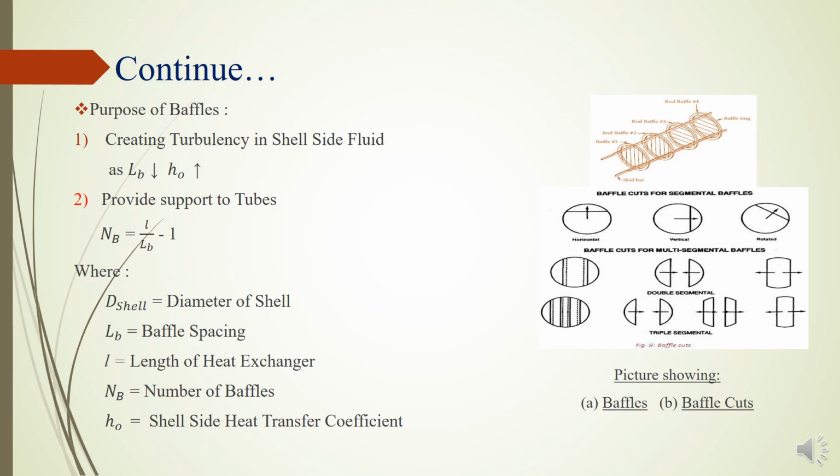That's why our heat transfer coefficient will also increase, and as time passes, the tube will get bent. So to prevent bending, we install baffles to provide support to the tube. So the number of baffles is equal to the length of the heat exchanger divided by the baffle spacing, minus 1.